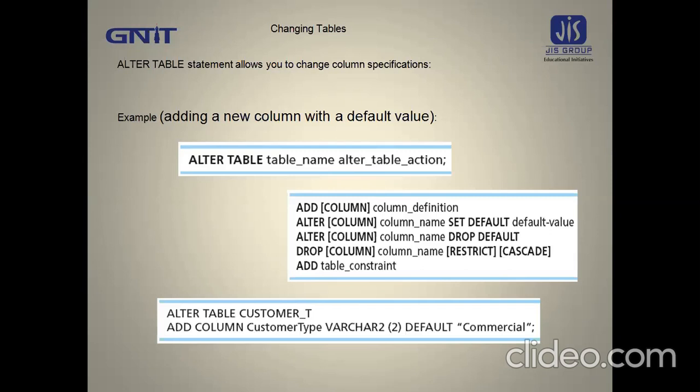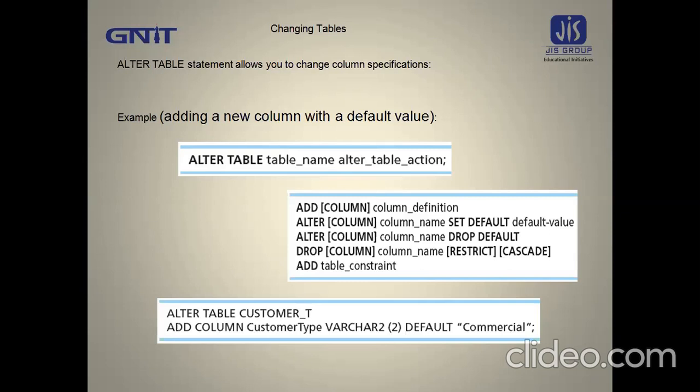For example, if we write ALTER TABLE Customer_T ADD COLUMN customer type, data type VARCHAR2, default commercial. So here the ALTER TABLE Customer_T adds the column named customer type, which has VARCHAR2 as data type, and the default value is commercial.